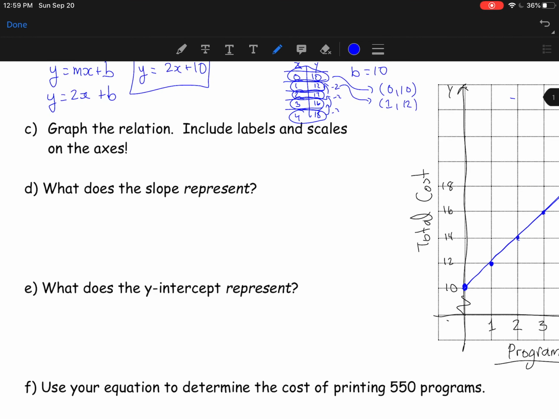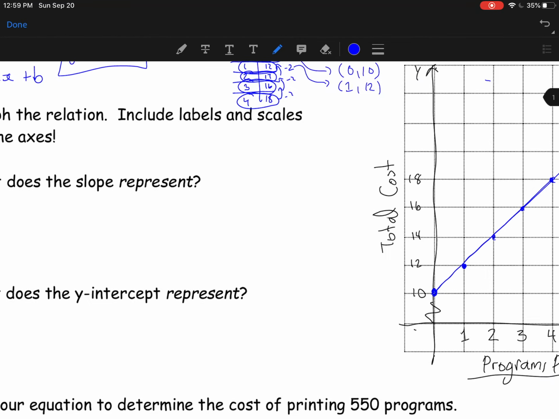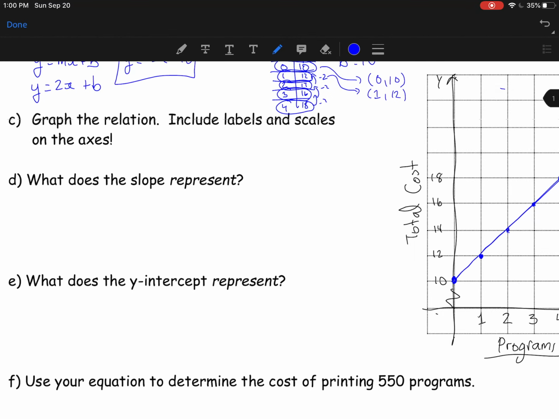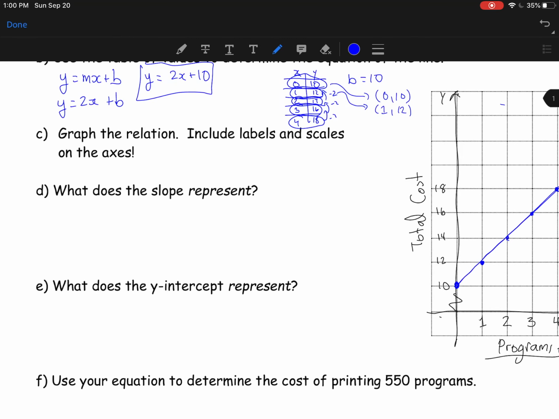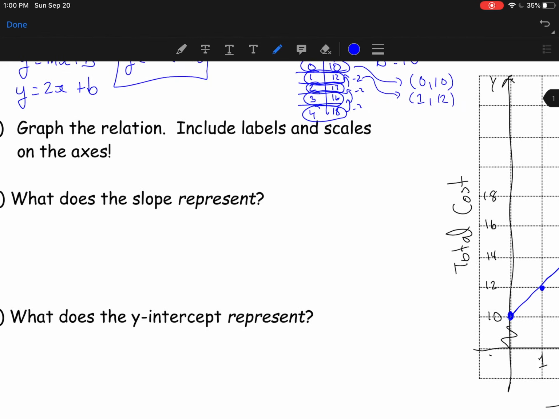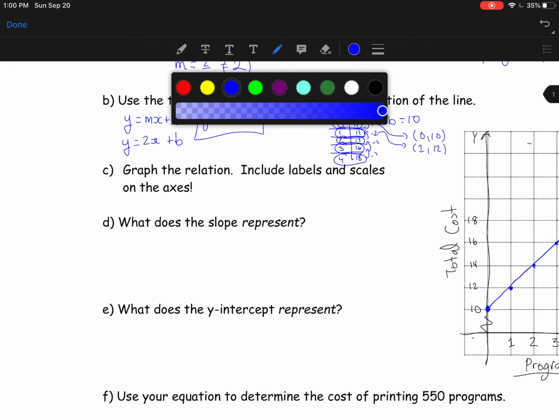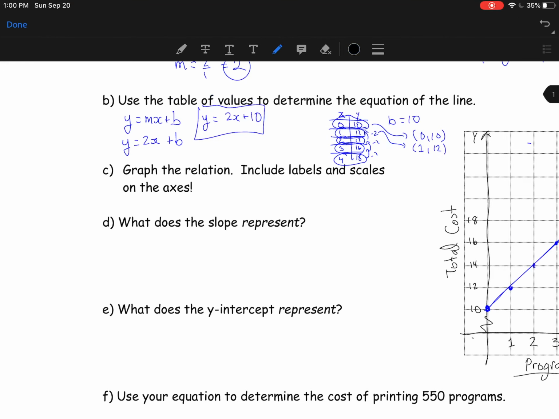All right. So then it says, what does the slope represent? The slope was 2, and in this question, every time we bought a program, we paid an extra $2. So our slope was the cost for every additional program purchased.